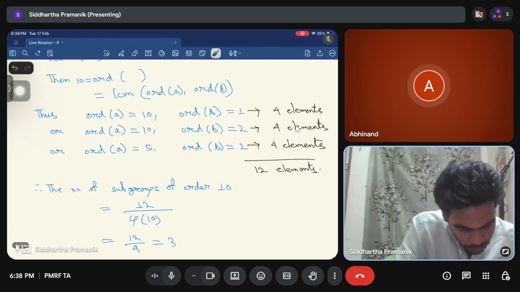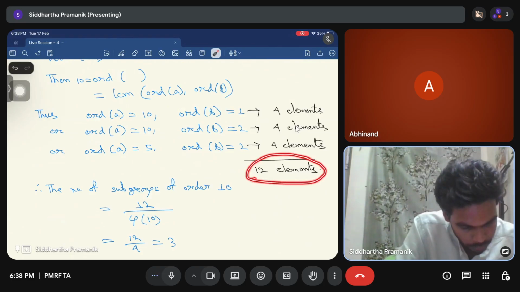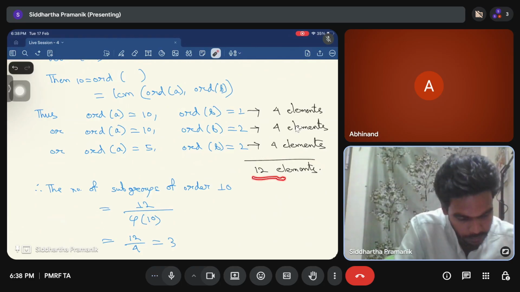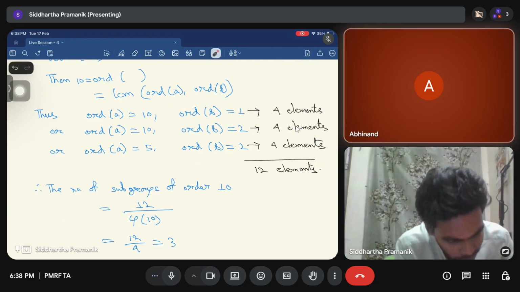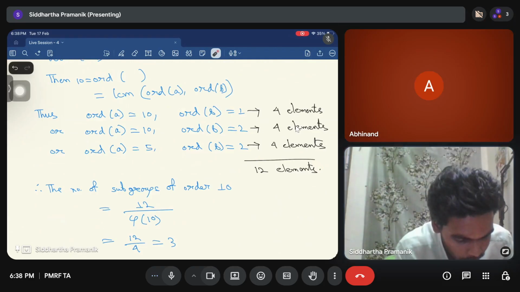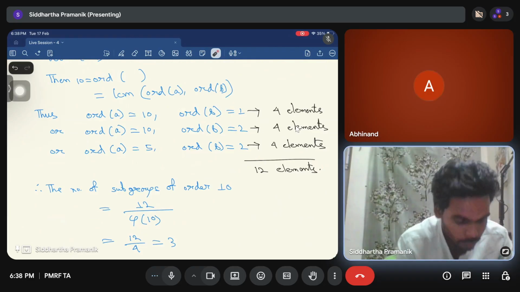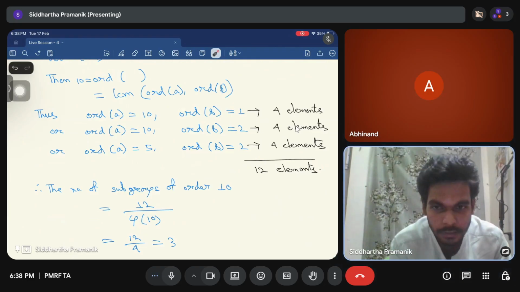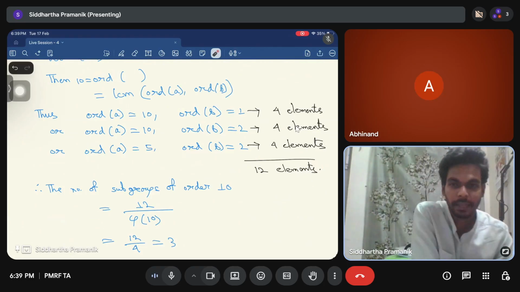We found all elements of order 10, and there are a total of 12 such elements. In one particular subgroup, there can be exactly 4 elements. So we are just dividing by that number.